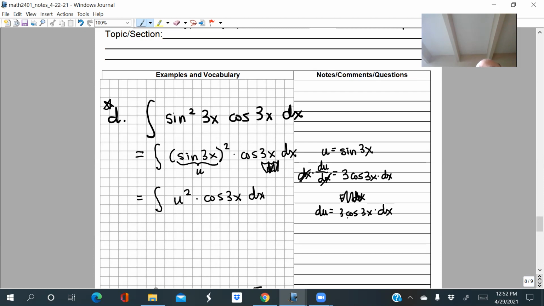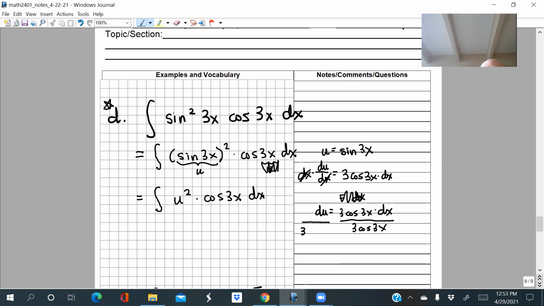Yes. And now, how do you finish solving for just dx? Because you want dx by itself. Divided by what? Divide both sides by 3 cosine 3x, right?